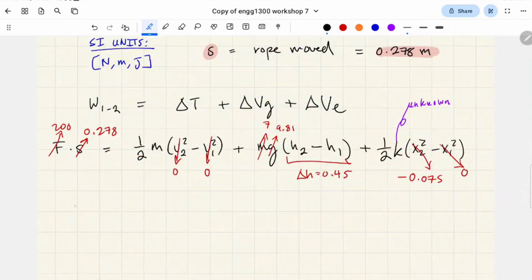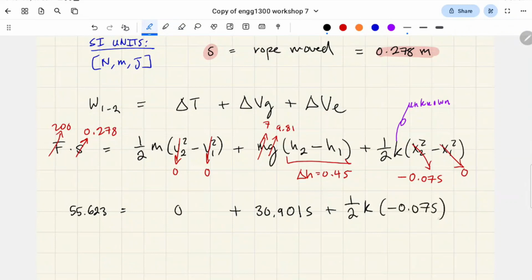Anyway, I've gone pretty slow explaining all those things, but I'll show you how the maths works out. That portion for kinetic energy was 0, this portion is equal to this, and this one is equal to this. Because our negative number for compression is being squared, and the second part was 0, this turns out to be a positive number.